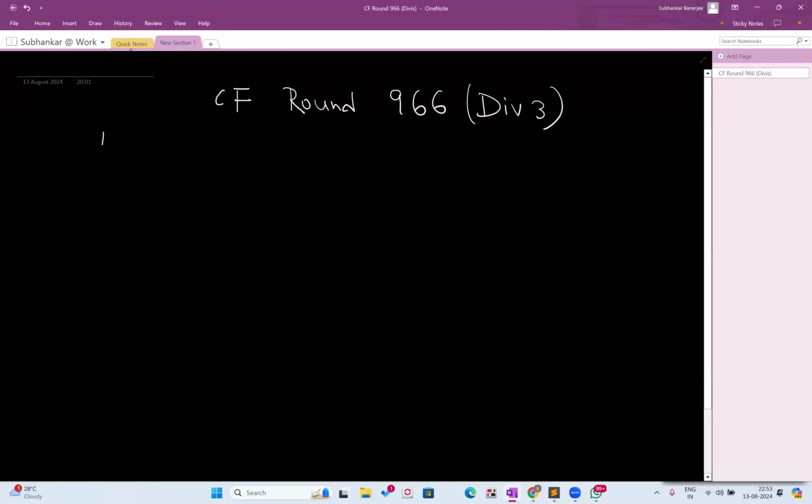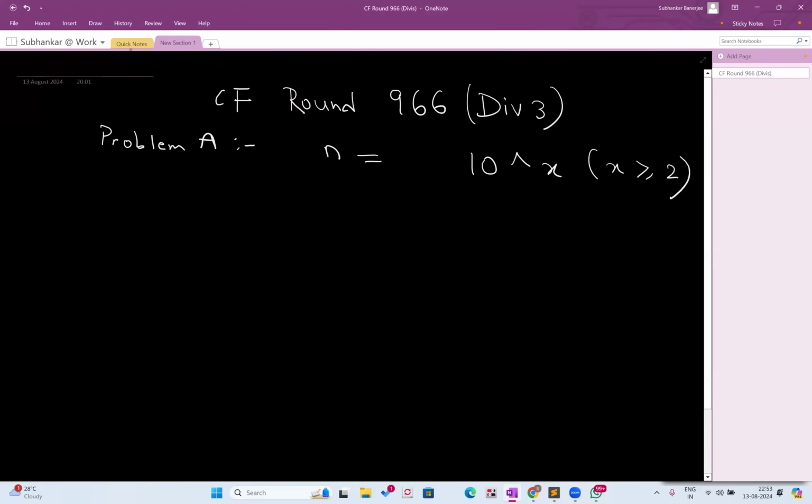The problem says there is an n which is of the form 10 raised to the power x, and here x is greater than or equal to 2 as per the question. So this symbol is missed. If n is an important one, then whatever the form of n, it should start with 1 0.